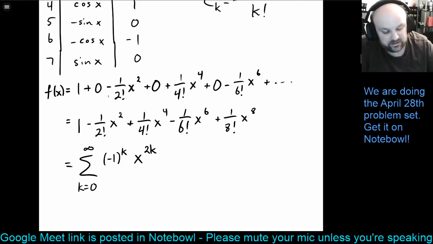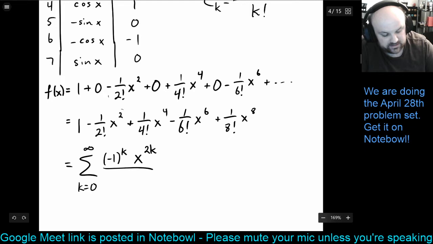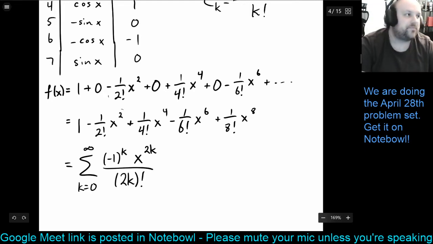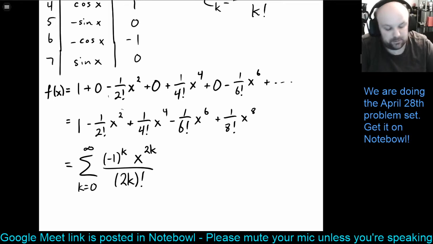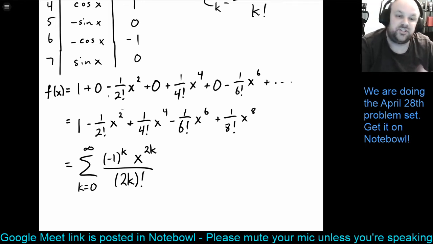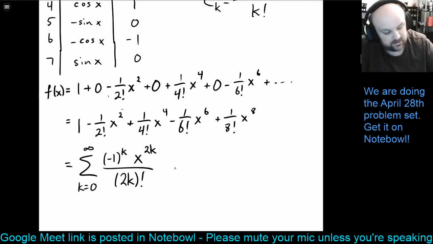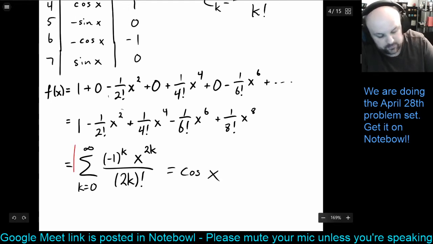And the factorial always matches the power, so it's over 2k factorial. Again, it's essential that you put parentheses around the 2k here, because 2 times k factorial is not the same thing as the factorial of 2k. Just keep that in mind. So this here is the Maclaurin series for cosine of x.